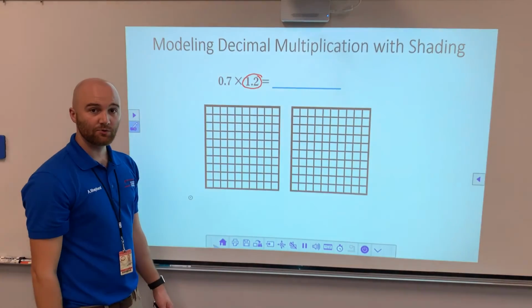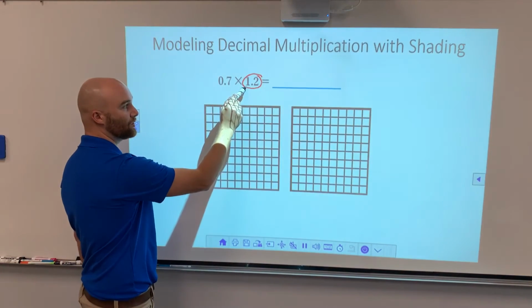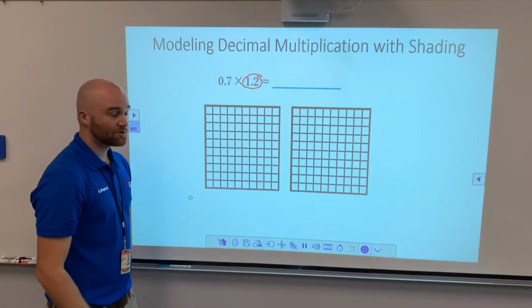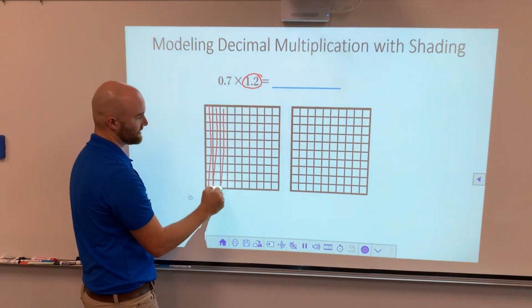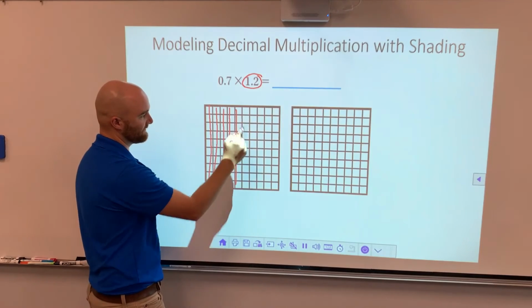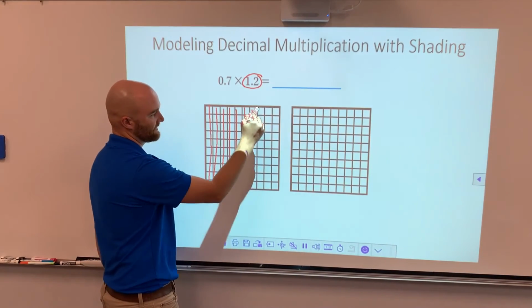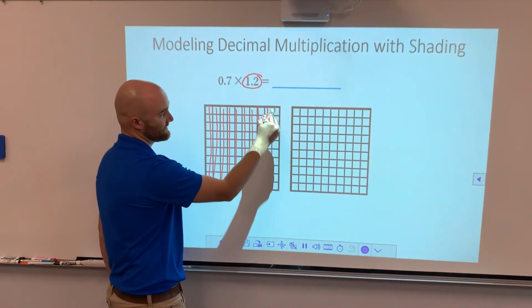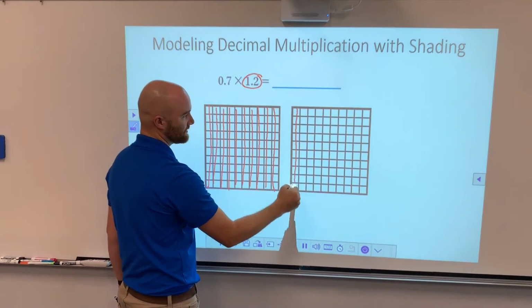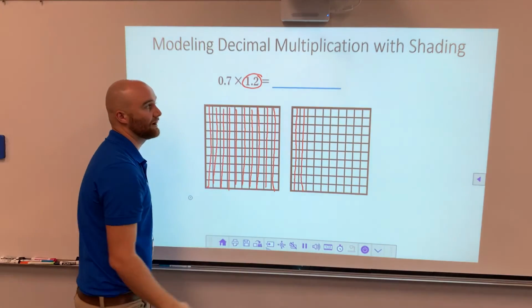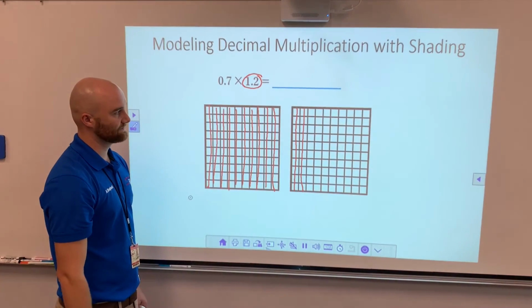Well, 1.2 is really the same thing as 1 whole and 2/10. So I'm going to shade 1 whole, 1, 2, 3, 4, 5, 6, 7, 8, 9, 10/10 is 1 whole, plus an extra 2/10 for a total of 12/10.